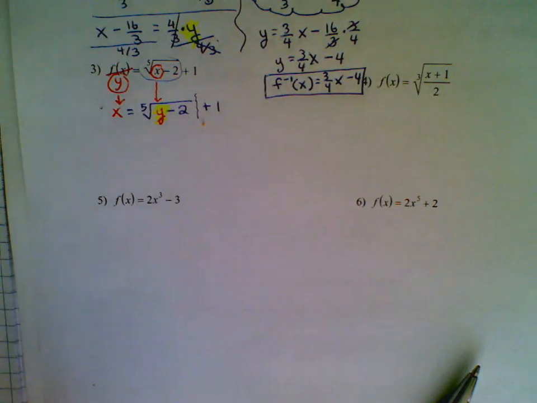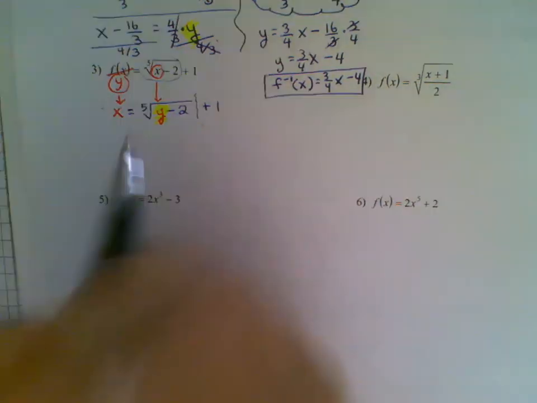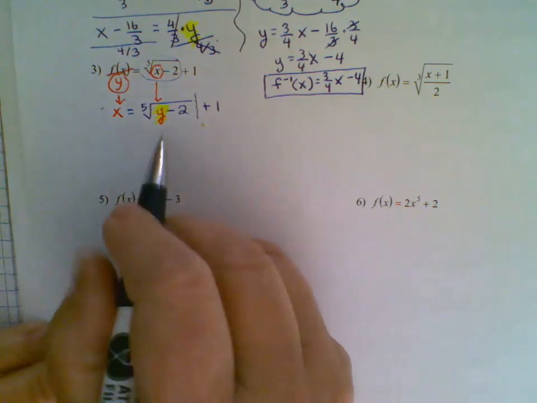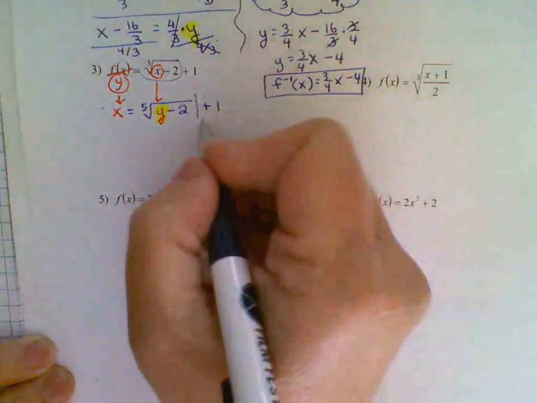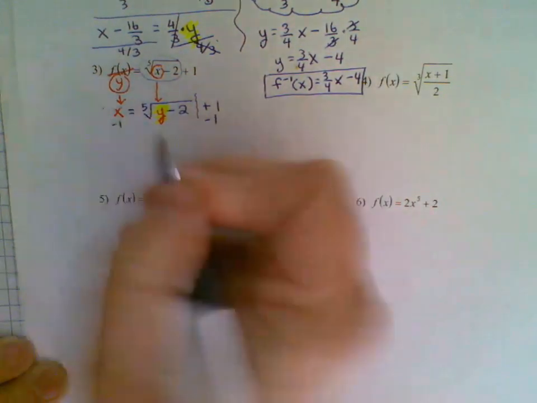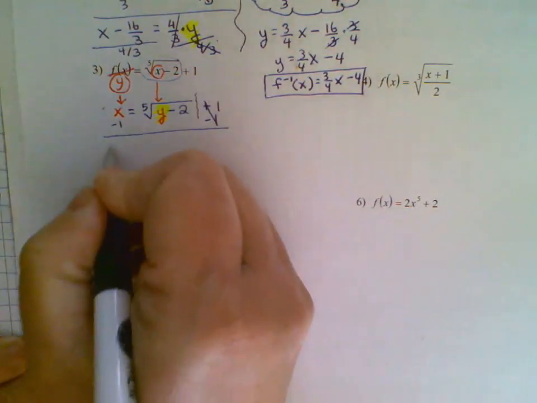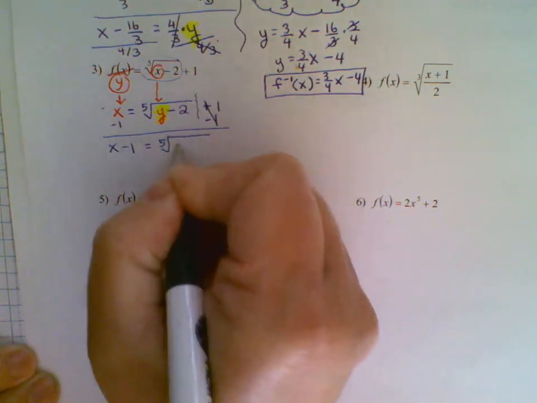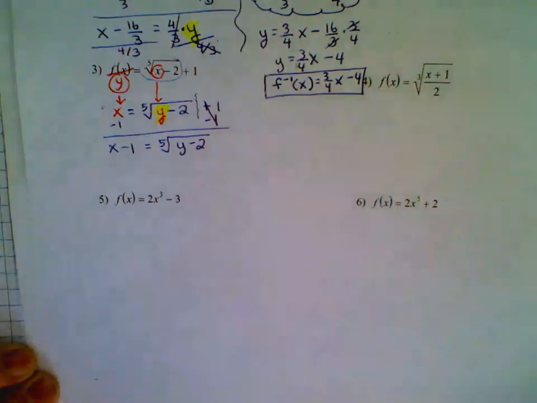We want to first get the radical by itself. We know from solving radical equations in Unit 4, Part 3. So first thing we want to do is isolate that radical. So I'm going to subtract 1 from both sides. That gives me x minus 1 equals the fifth root of y minus 2.